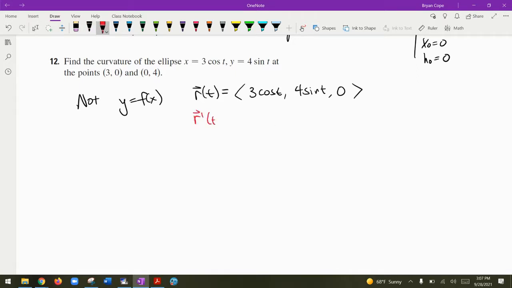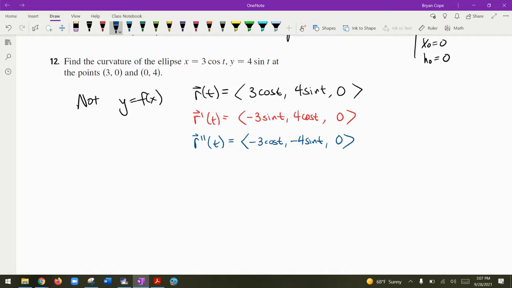R prime of t is equal to -3 sine t, 4 cosine t. Good. And then Luke, can you do r double prime? R double prime of t is -3 cosine t, -4 sine t, and 0. Good.